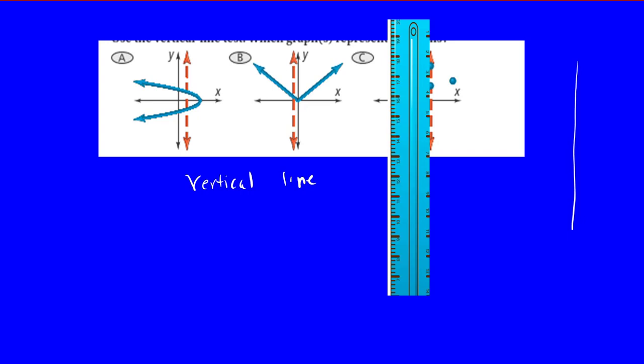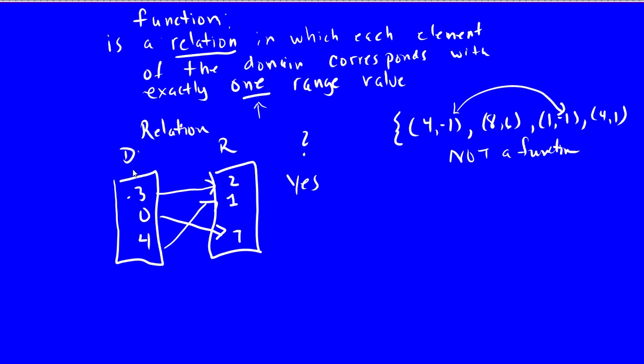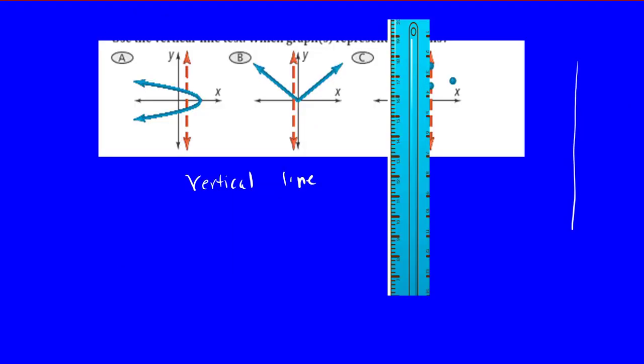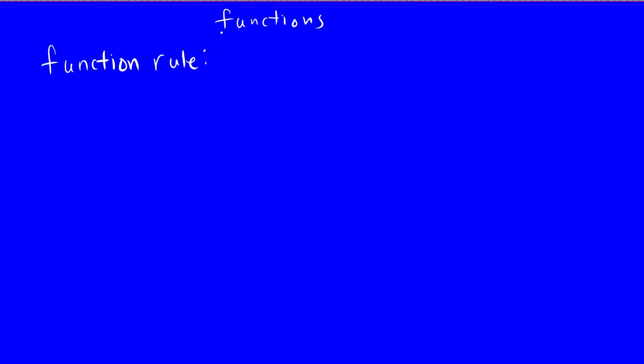You can use the vertical line test or actually just see it, but the vertical line is a really good way to do this. So we've looked at some ways to determine whether a relation is a function: through the mapping diagram, then with ordered pairs, and then if it's already graphed, we can use the vertical line test. We now know how to determine whether a relation is a function.